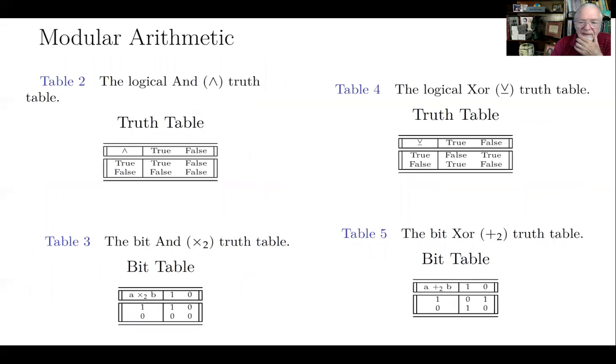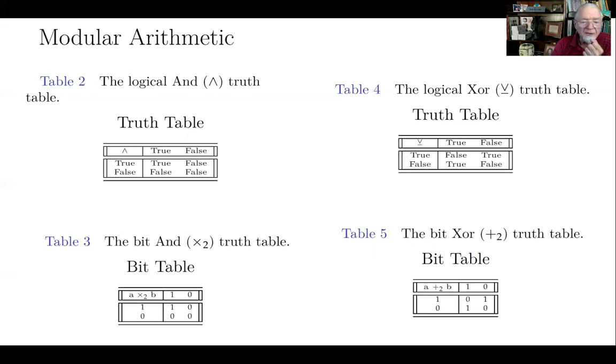So there are a couple of truth tables here. You can take a look at the logical AND truth table. True and true is true. True and false is false. False and true is false. False and false is false. That's the usual table. You can do the same thing using modulo 2 multiplication.